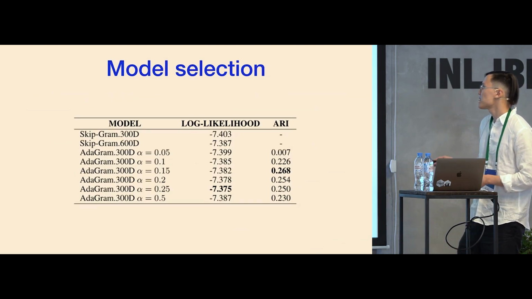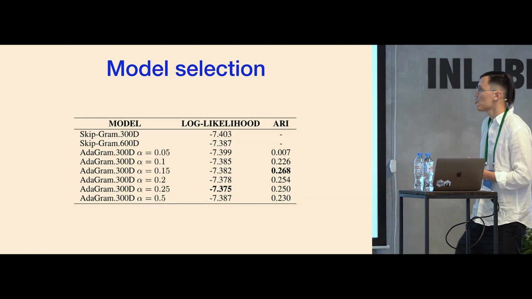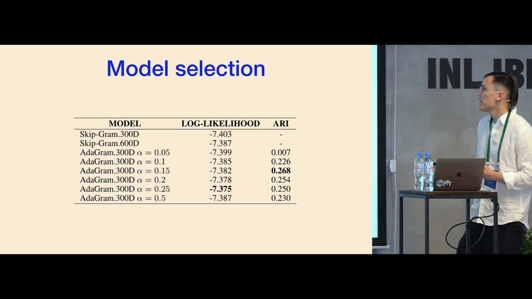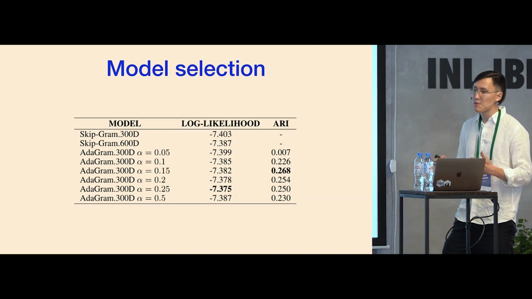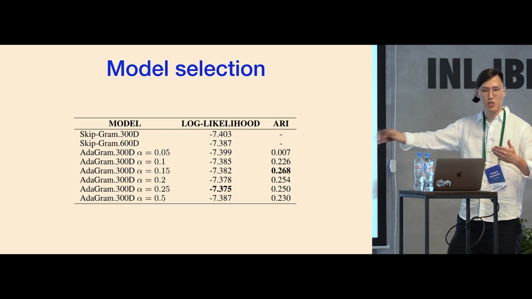And the final result I want to show you is this argument about model selection. So remember, we asked ourselves, basically it was not clear what happens if we let the skipgram have twice as many dimensions.